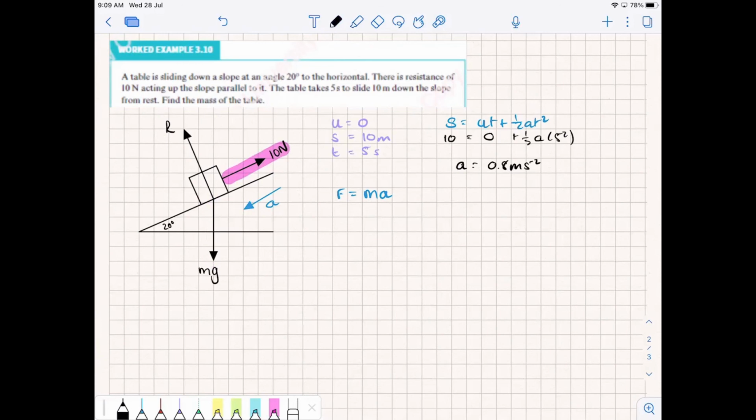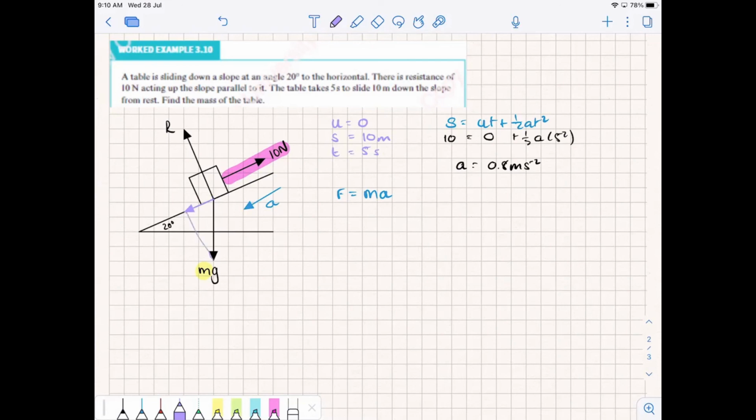So we don't know the weight of this object, so we're just going to call it mass times g, so it's going to be 10m. And just quickly, I'll draw it in, but we are just interested in that component of my weight. We're not interested in the component perpendicular.